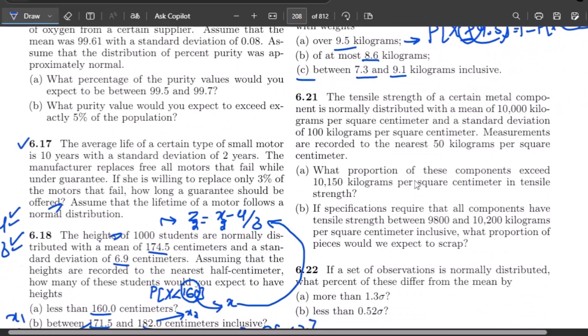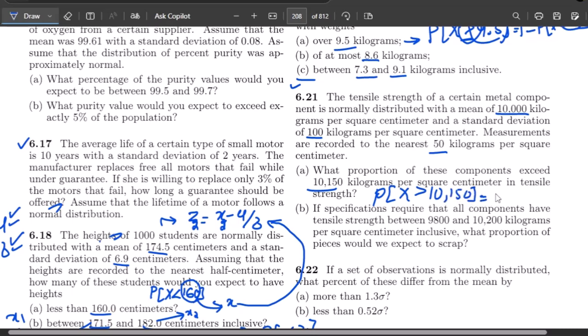In question 6.21, the tensile strength of a certain metal component is normally distributed with a given mean per square centimeter and a standard deviation of 100 kilograms per square centimeter. Measurements are recorded to the nearest 50 kilograms per square centimeter. Part A is what proportion of these components exceeds a given value per square centimeter in tensile strength, meaning x is greater than 10,150.